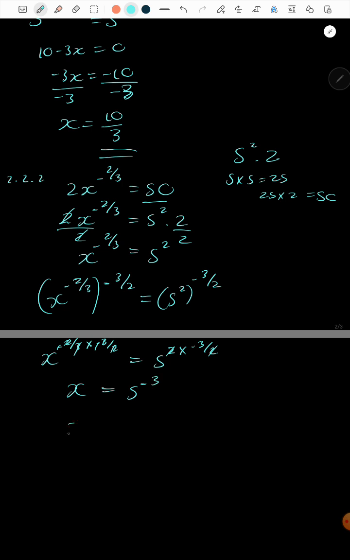Then therefore our x is going to be equal to, remember this, we can write it as a fraction, 1 over 5 to the power 3. And then x is equal to 1 over, what is 5 to the power 3? We already saw it is 125. So this is our answer. Thank you.